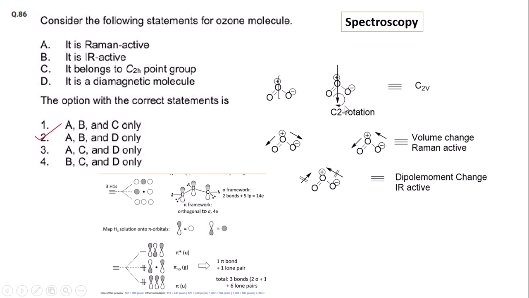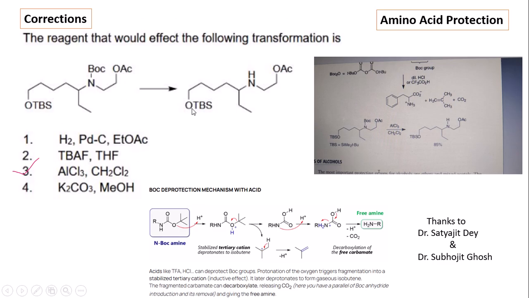Again, it has C2v symmetry, so options A, B, and D are the correct options. And if we consider molecular orbital theory, this is a type of allylic anion system, so the highest occupied orbital must be paired, so it is a diamagnetic molecule. And this has been corrected from the previous June 2025 questions.